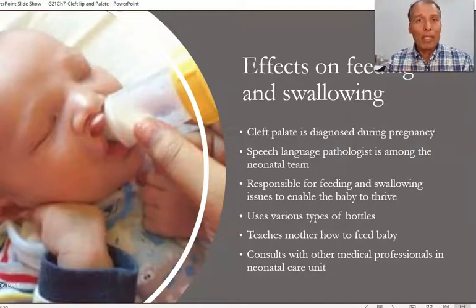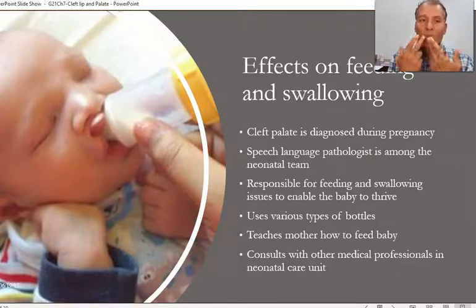As soon as the baby is born, the speech pathologist is called, because you have a baby that needs to thrive and survive, and a baby like this is going to have difficulty feeding. So the SLP is there to work with the mother on the best positions and adjustments for breastfeeding, or on selecting bottles particularly made for babies who are born with cleft lip and palate.